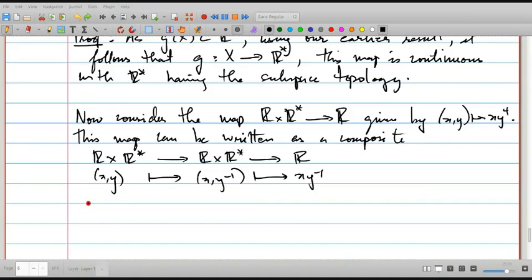So the second map is a restriction of the multiplication map.